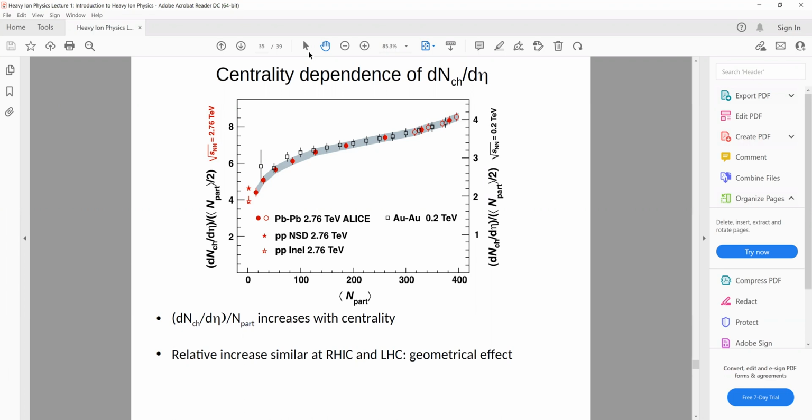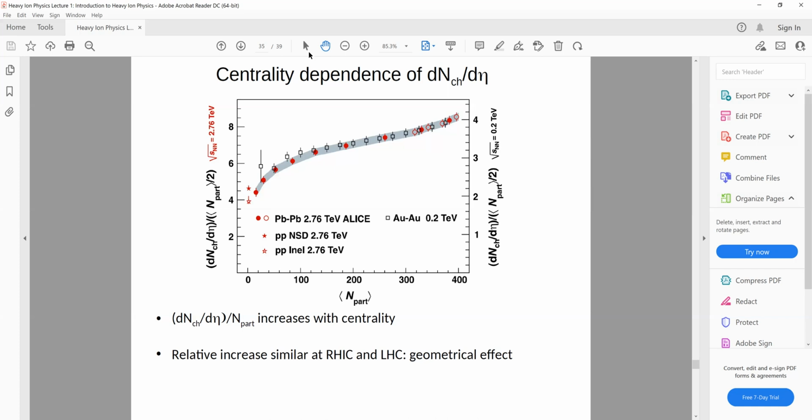Because there the geometrical things will be entirely different. Yes, p-Pb is entirely different. Estimating or assigning centrality to p-Pb collisions is not as straightforward as in AA collisions.